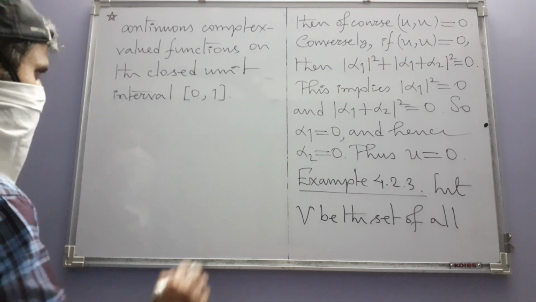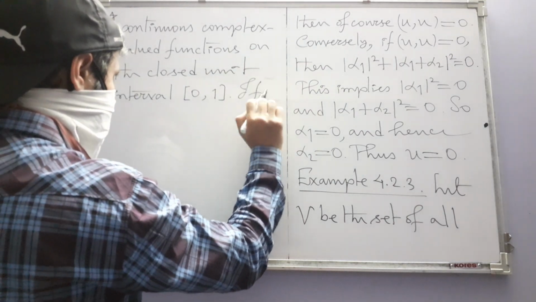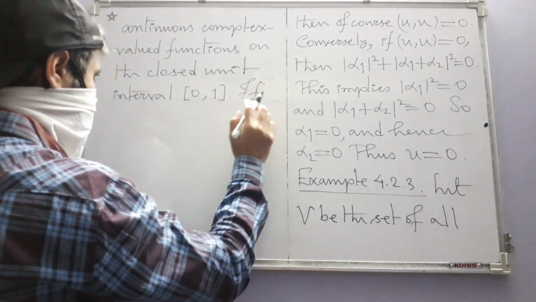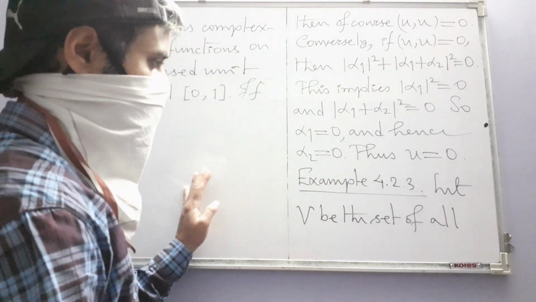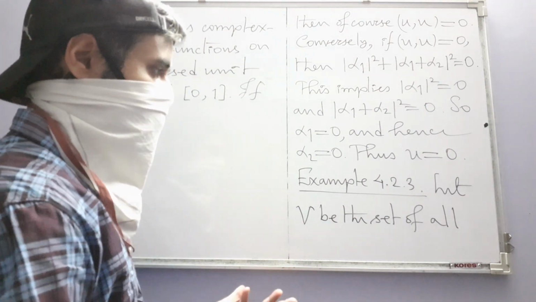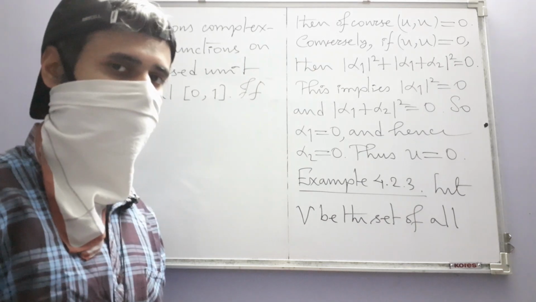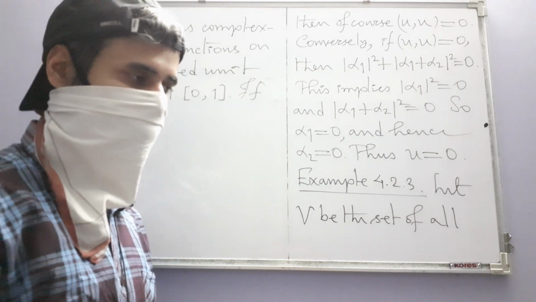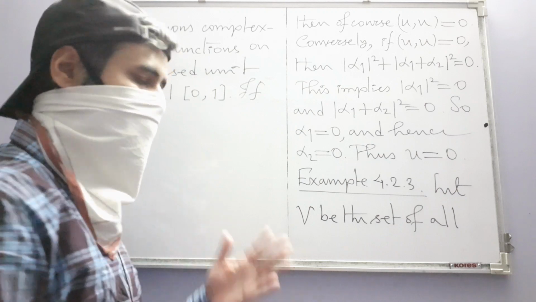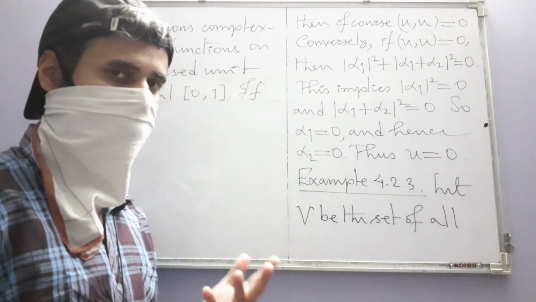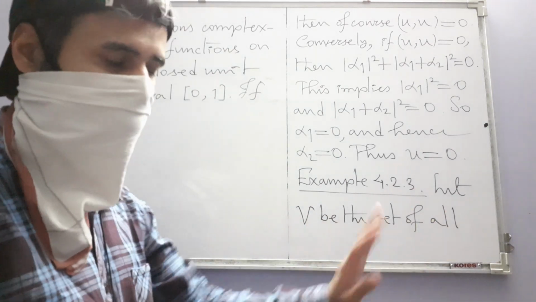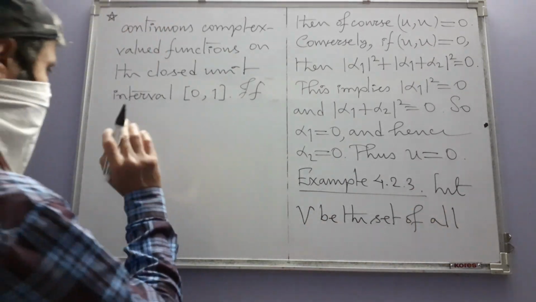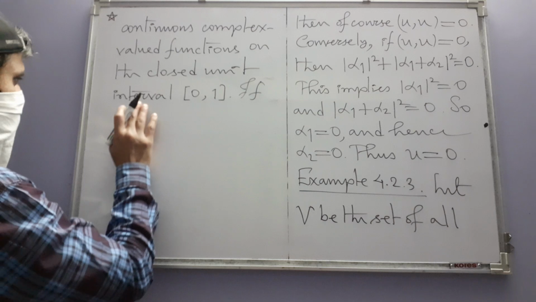And if we take this set, of course, it is a vector space where addition and multiplication by complex numbers are defined point-wise. I think you will understand what that means. But anyway, we are going to see what that means. Let me complete writing this.